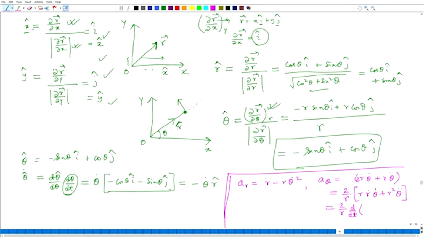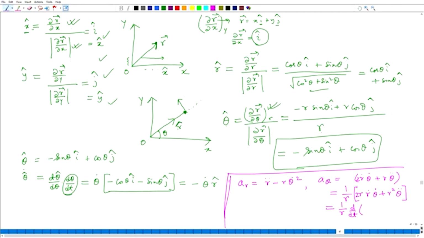So, that is why I will take here 1 and I will make 2 over here. So, finally, it is the same over here.